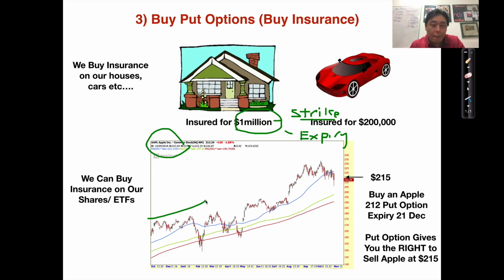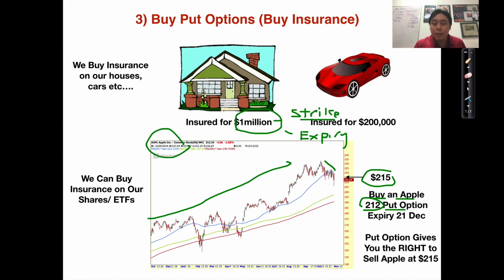So, all right, Apple's up there, and say currently it's gone down a bit to $215. Okay, so Apple is selling at $250 per share, and you are afraid it may drop to $100 during the bear market. So you want to insure your shares for $215. What you can do is buy an Apple put option with a strike price of say $215 or, for example, $212.